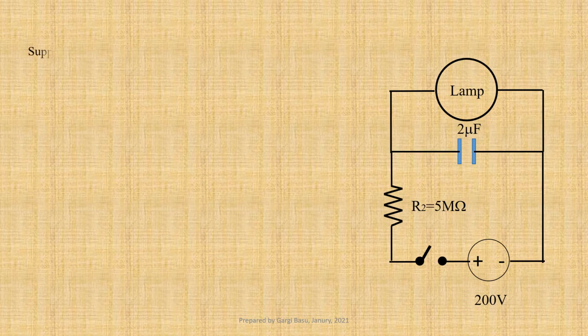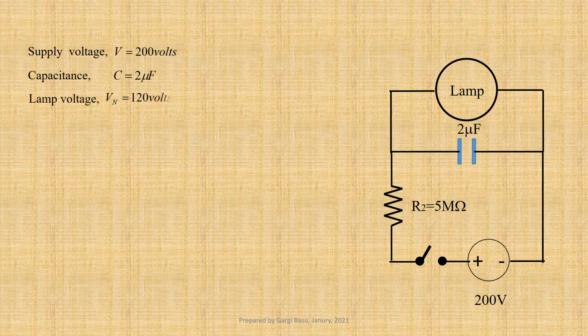Given supply voltage V equals 200 volts. Capacitance C equals 2 microfarad. Lamp striking voltage Vn equals 120 volts.